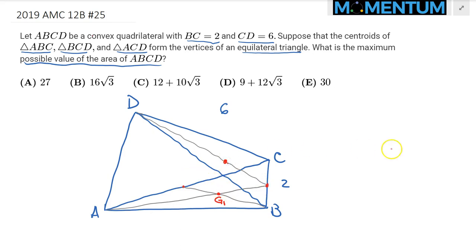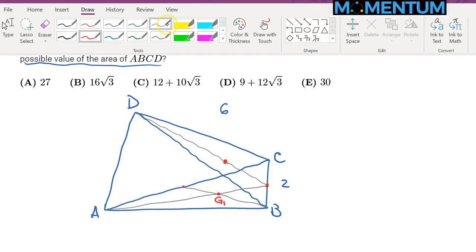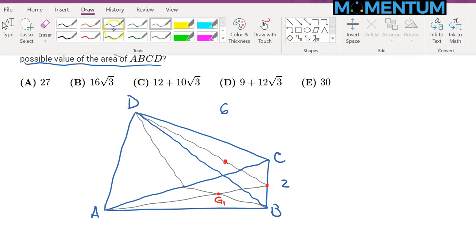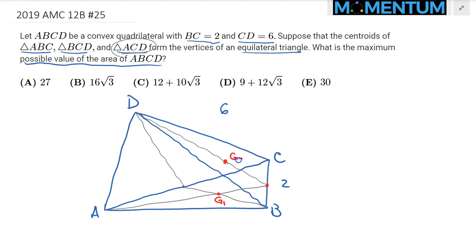And finally, we draw the last median for triangle ACD. The previous one we should label as G2, and for the last one I'm eyeballing, trisecting that segment, so that should be here. So we have a G3 here.